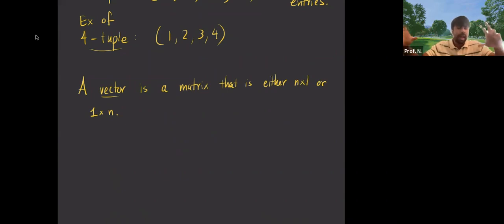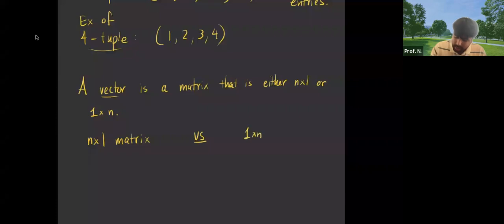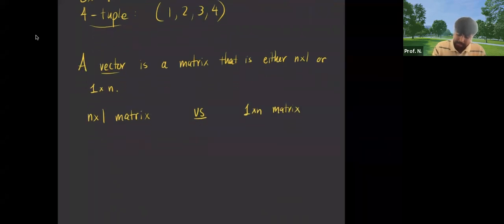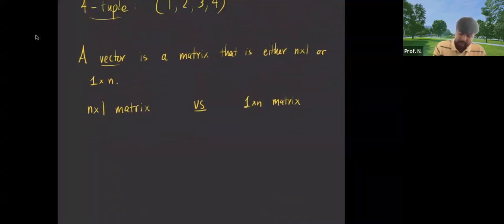And we're going to just call that from now on a vector. That's what the vector is. So when we have an n by 1 matrix versus a 1 by n matrix, again, these are both vectors. If it's n by 1, then this is called a column vector. If it's 1 by n, this is called a row vector.